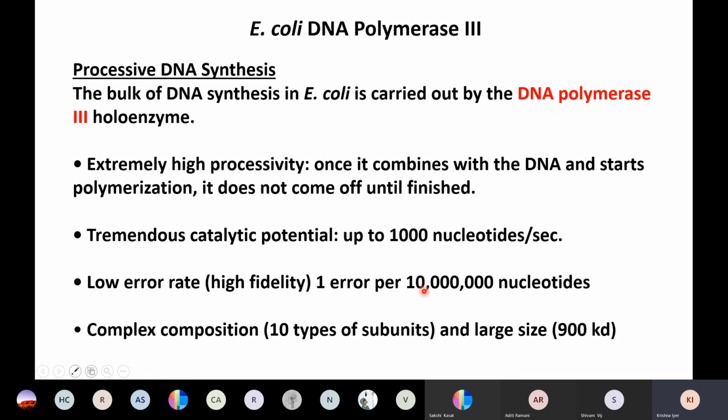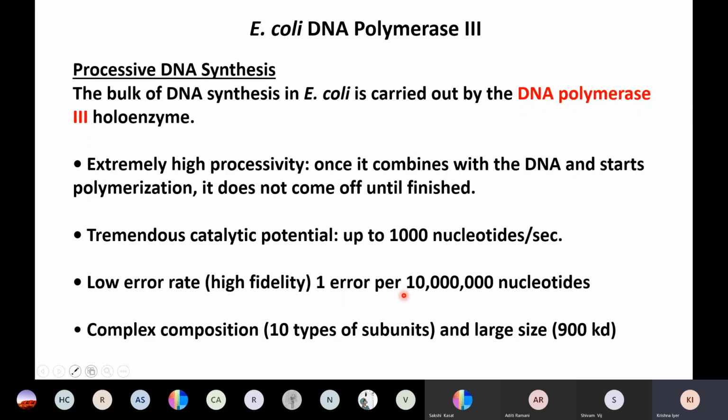In fact, in reality, there are also DNA repair systems which work together at the time of DNA replication. When E. coli DNA is replicated, the error rate is even lower than this. It is 1 in 10 raised to 9 rather than 10 raised to 7.